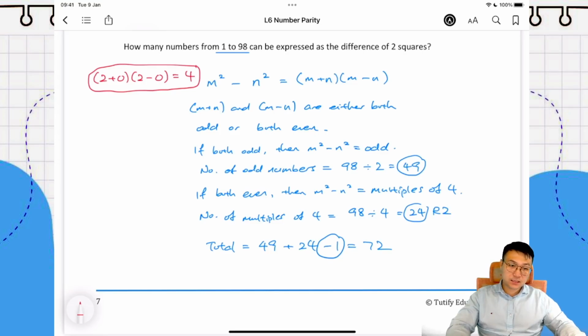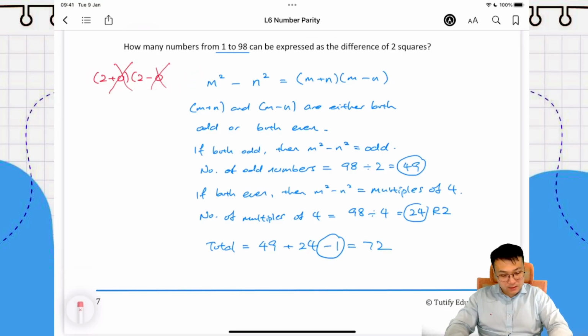Is the question asking you 0 to 98 or 1 to 98? 1 to 98, right? So can I write 0? I'm sorry, 0 is not accepted. So this will not exist. The number 4 will not exist. Okay? Oh wait, stop. How many numbers from 1 to 98? Oh, okay, so sorry, students, the answer is 73.